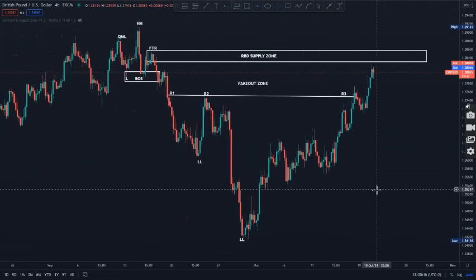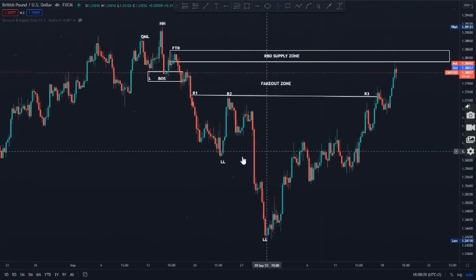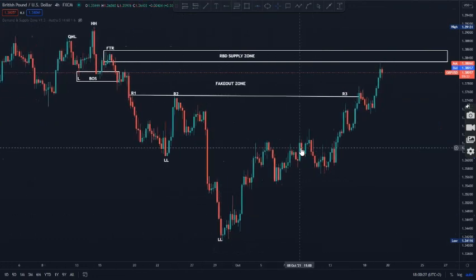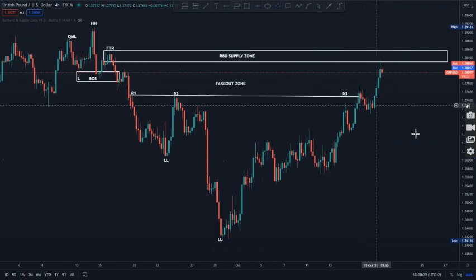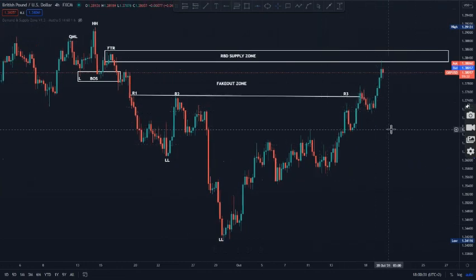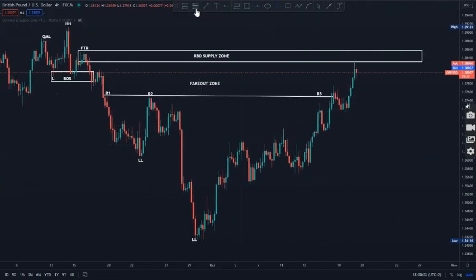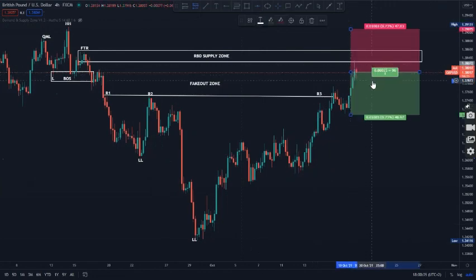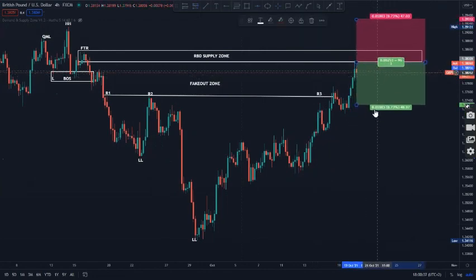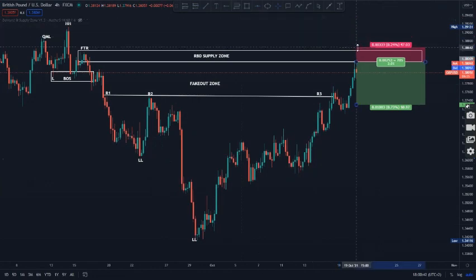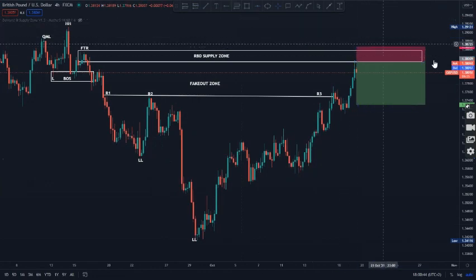And now you can see it's actually a diamond setup, a QML plus diamond setup. Okay, and it's one of the most effective setups, it's one of my favorites. So this is how it is. What's my plan? My plan was to actually sell when market came to this level, and my stop loss is just above this level here, above it.